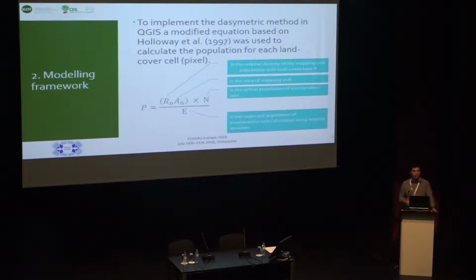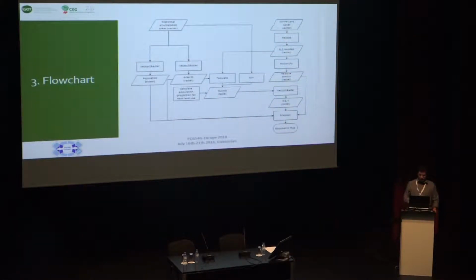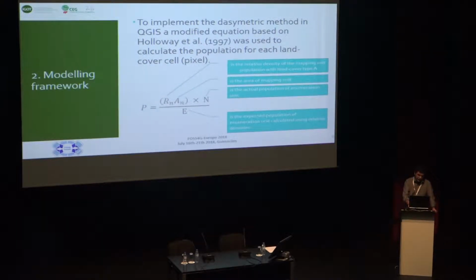And that is an important step in this work, because we used new data that was only available last year, the data about where the people live. And in this slide, you can see how this equation, this formula, was implemented.